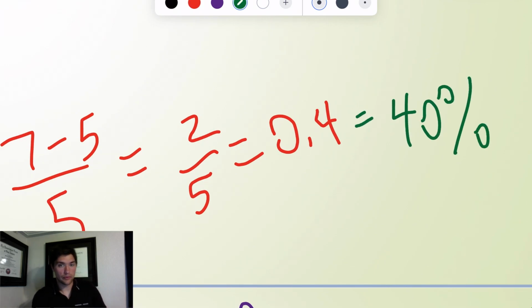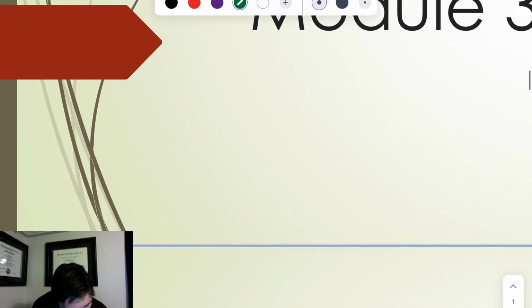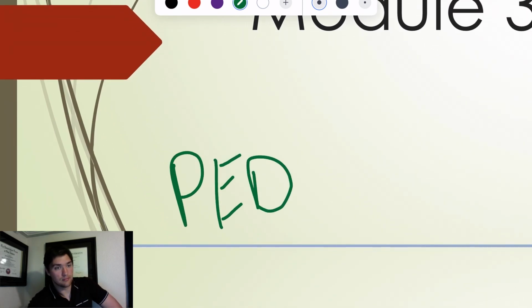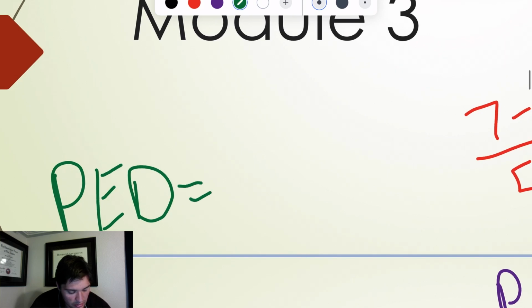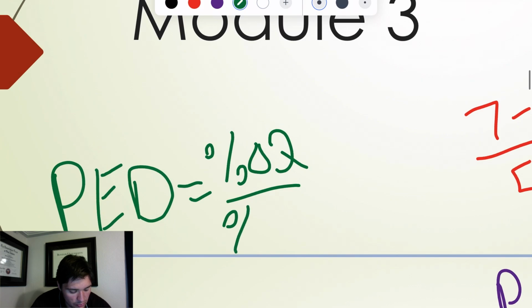So now let's do the elasticity. The price elasticity of demand, PED, in another world that would be performance enhancing drugs, but in economics, that's price elasticity of demand. So it's going to be percent change in quantity divided by percent change in price.